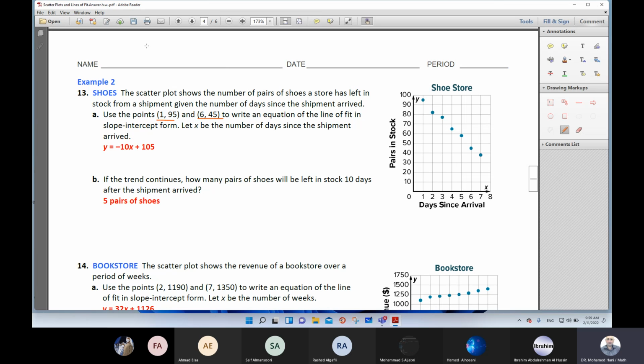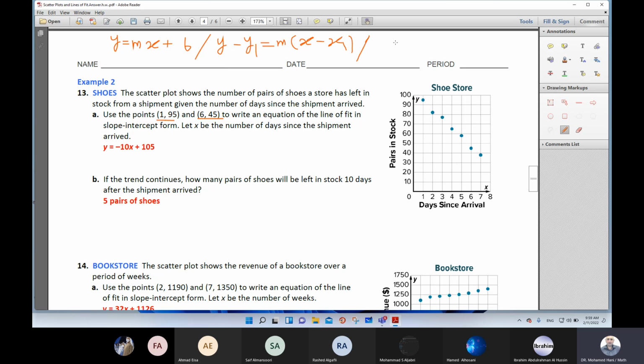So I want to remind you the standard form, y equal mx plus b. This is the slope-intercept form, and the point-slope form is y minus y1 equal m, multiplied by parentheses x minus x1.